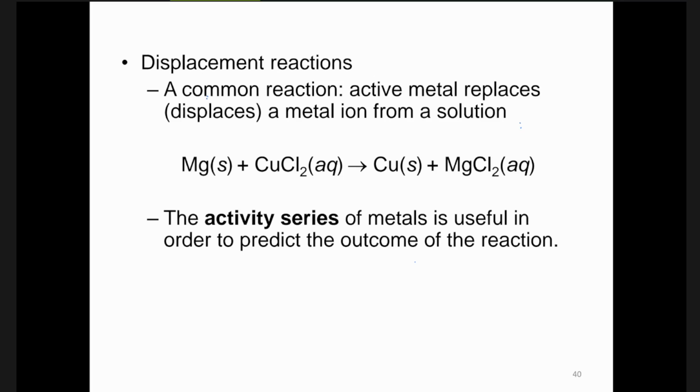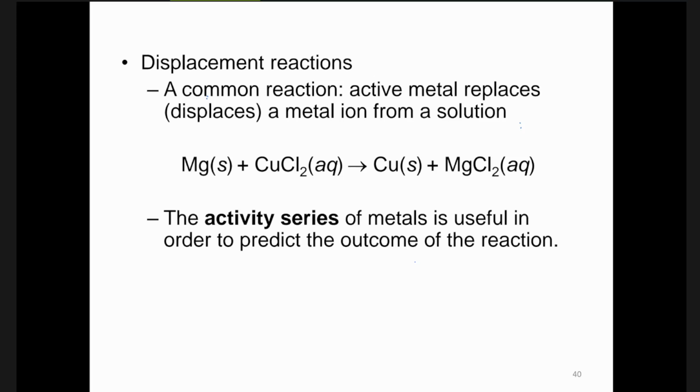So we can say that an active metal replaces or displaces a metal ion from a solution. So if you have magnesium, you put it in copper chloride, then the magnesium will take the position of copper, replace the copper to produce magnesium chloride. So in that case, copper will be released from the copper chloride.